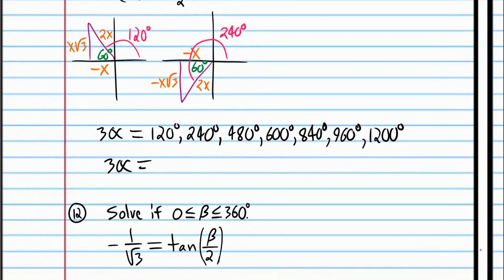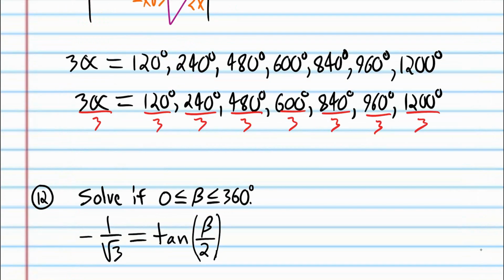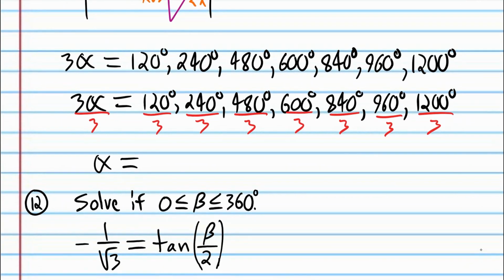So I'm going to rewrite, and I'm going to divide all these numbers by 3. So dividing all the numbers by 3, and we get 40 degrees.